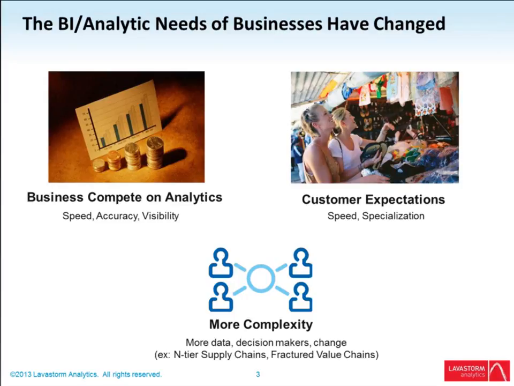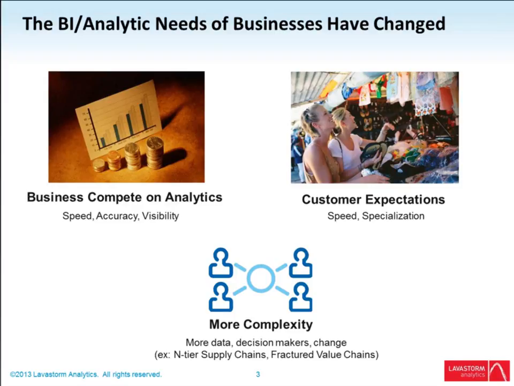Examples of this complexity are fractured supply chains or fractured value chains, where you've got a whole bunch of different steps in a sequence of bringing a product or service to market, and each one of those steps has the potential for error. Each one of those steps has various systems that are producing various data, and you need to make sure that along that process, the correct outcomes are realized.